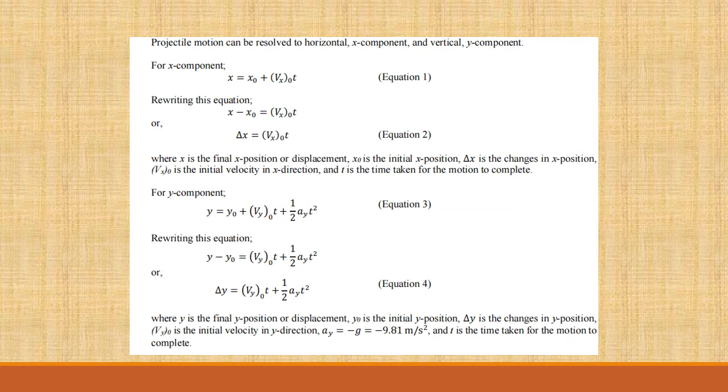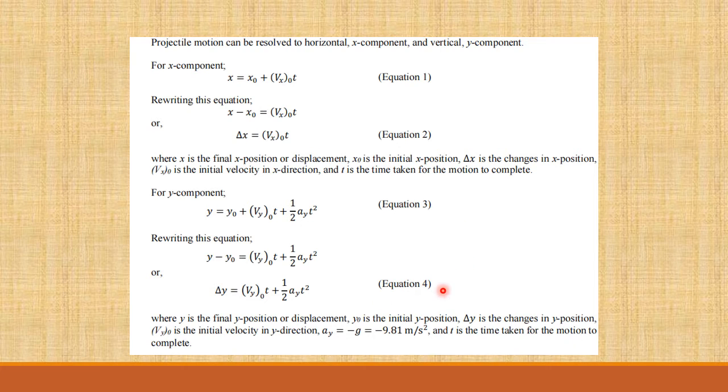Okay, so this projectile motion can be resolved into horizontal, x component, and vertical, y component. So these are the equations that we can use to solve this projectile motion. So we have the first equation. The second equation is actually the simple form of equation 1, and the same goes for equation 3 and equation 4.